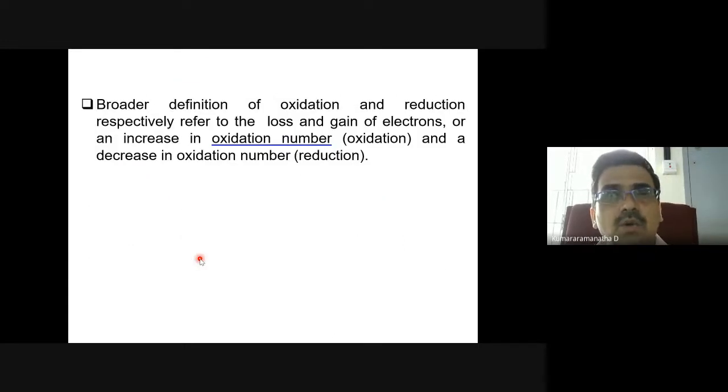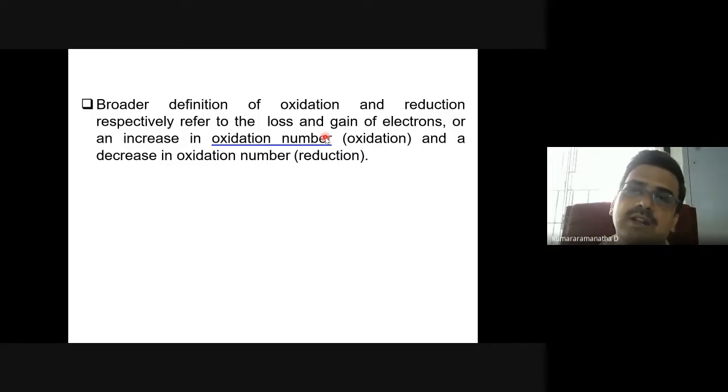Now, how do you define oxidation and reduction of these molecules? Loss or gain of electrons, or increase or decrease in oxidation number. Increase in oxidation number is called oxidation. For example, Fe0 to Fe3+ in a Pourbaix diagram and so on.